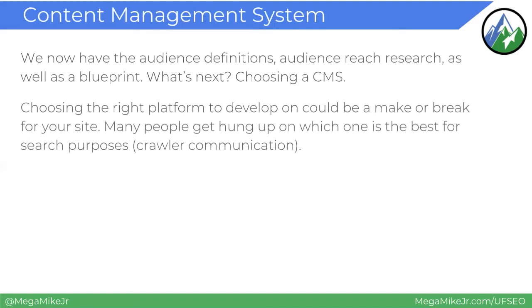There were some questions that were asked when I asked Lisa what people want to know. Someone mentioned a comparison of what systems we should use, whether it should be WordPress, for example, or another system, and what we should be looking at from an SEO standpoint. Many people get hung up on which one is best for search purposes, meaning crawler communication.